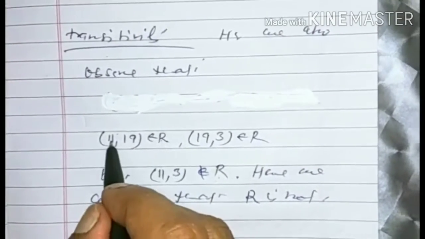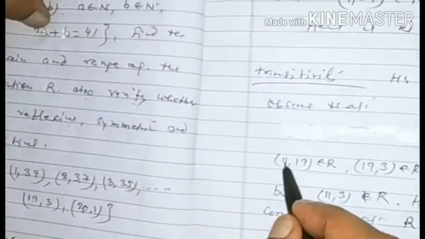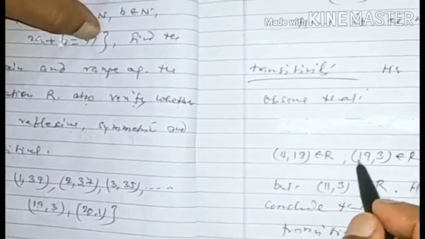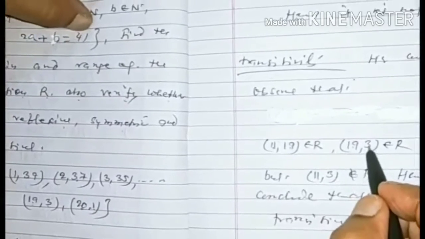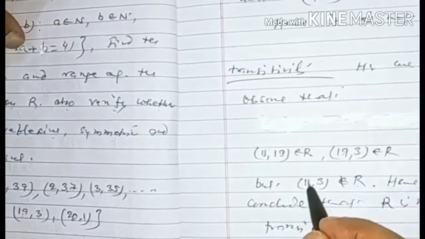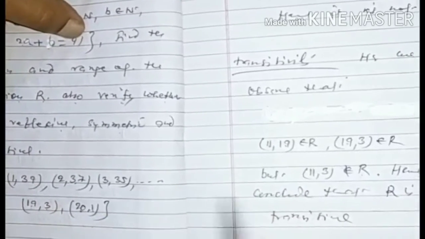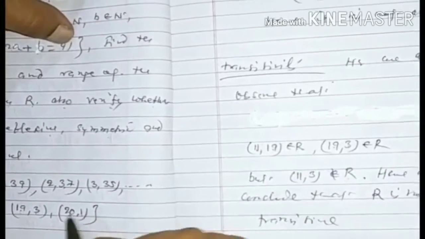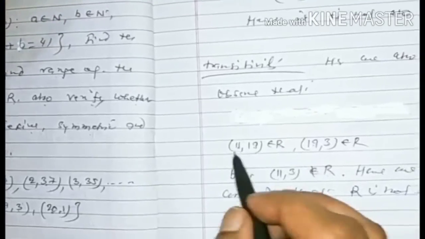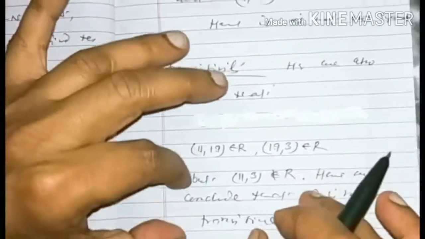If we put 11 in this relation, 11 times 2 is 22, plus 19 is also 41, and 19 times 2 is 38, plus 3 is 41 also, but 11 times 2 is 22, plus 3 is not 41. Hence the ordered pair (11, 3) does not belong to R. This condition is not fulfilled for transitivity.